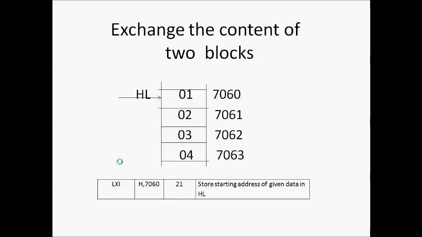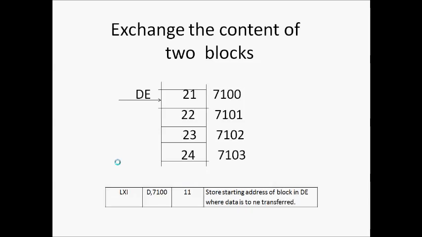First, as usual, we initialize the memory pointer 7060 with the help of the instruction LXI H, 7060. In this program we initialize two memory locations. First, initialize the HL pair.